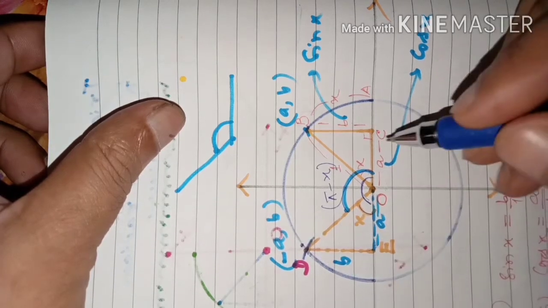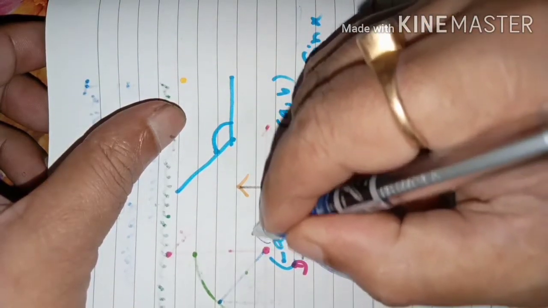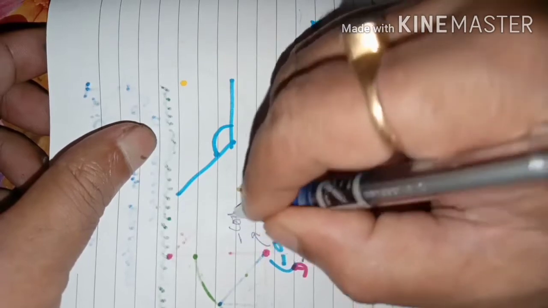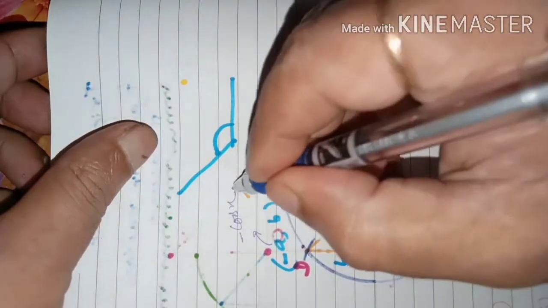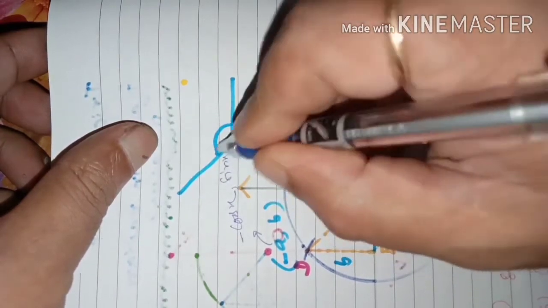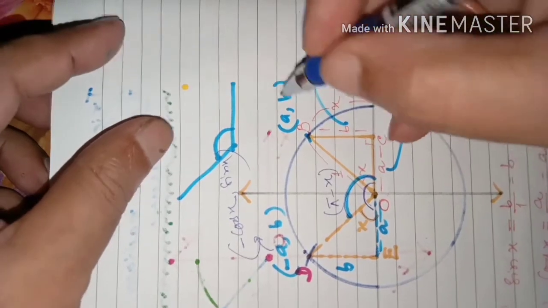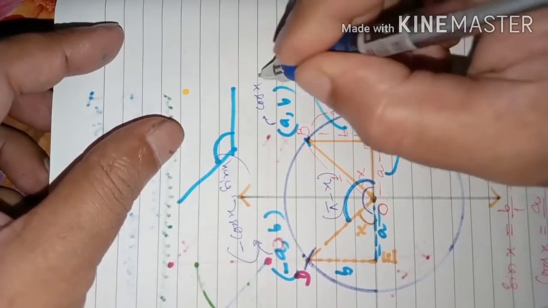So you have noticed, I think, that this coordinate, if we write in terms of trigonometric ratios, will be minus cos x, because a stands for cos x. Then this will be minus cos x comma sin x. And this point's coordinate, if we write in terms of trigonometric ratios, a is what? Cos x, and b is what?